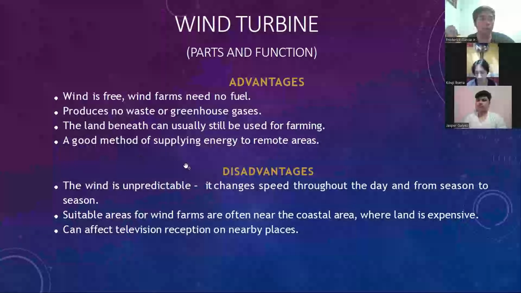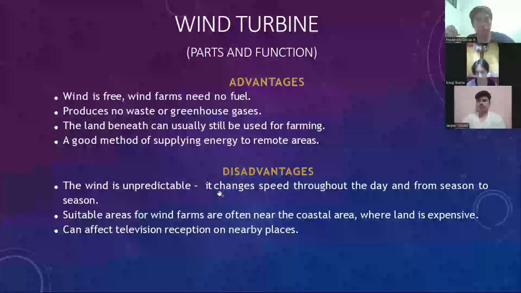It's a good method for supplying energy to remote areas. Yes, what we classify as remote areas would be those in offshore, coastal areas, such as mining rigs. We can install wind turbines there on the sea, since there's also wind energy there.